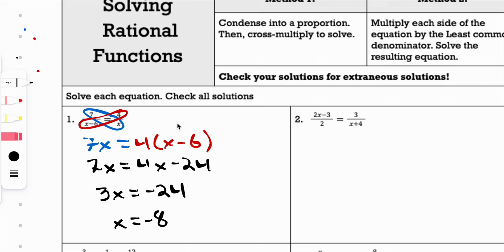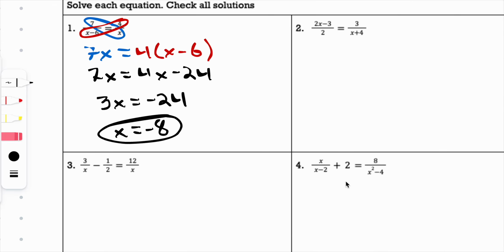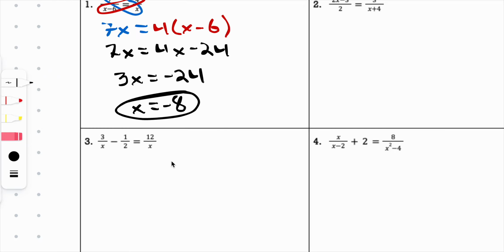So 7 over negative 14 is negative 1/2. Now on this right side, we have 4 over x, so 4 over negative 8, and so that's equal to negative 1/2. Both sides are equal to negative 1/2, so we're good. Great.